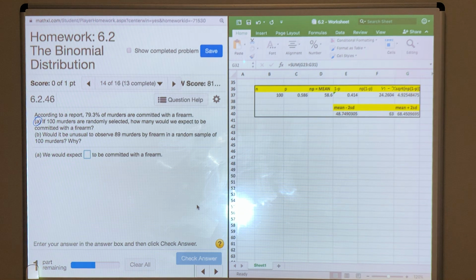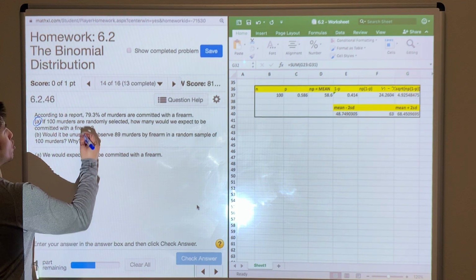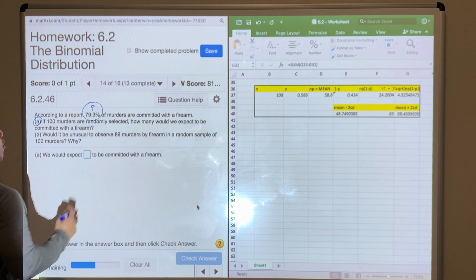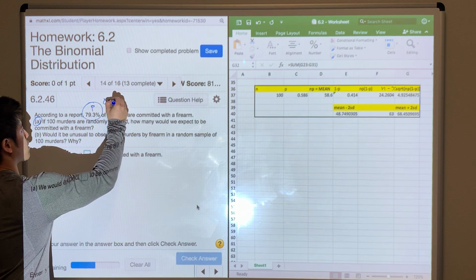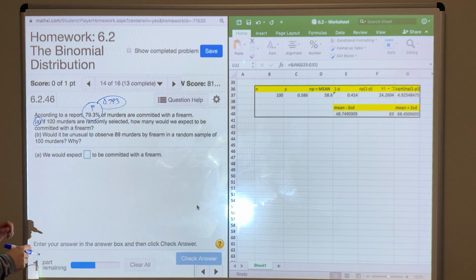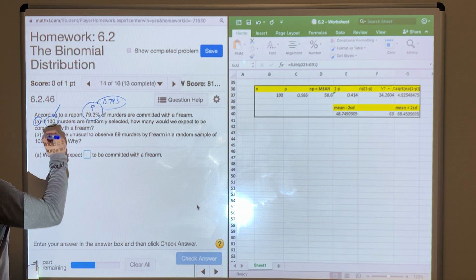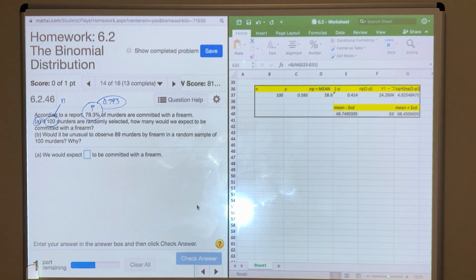All you have to do to know that is you already know the probability. There's your probability p, 0.793. So of course you want to convert that to a decimal. So your probability is 0.793. And if you have 100 murders, there's your n value, right? There's your n value.